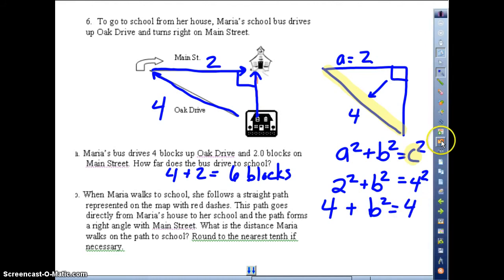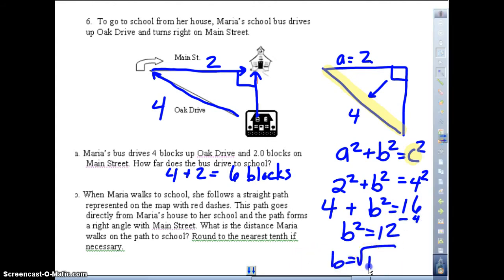Oops, 4 times 4? Yep, 16. B squared makes up the difference between those two. So B squared is going to be 16 subtract 4. That gives you 12. So B is going to be the square root of 12.